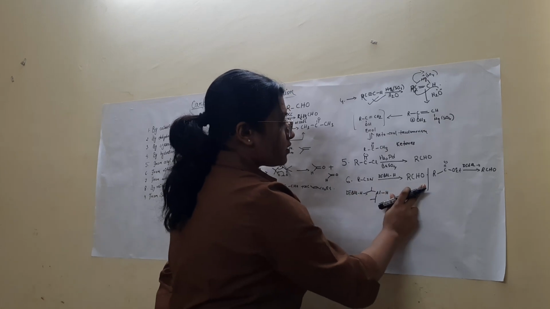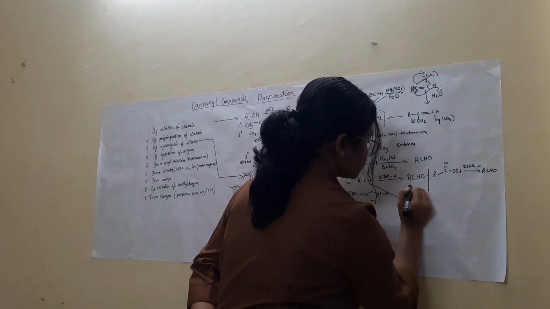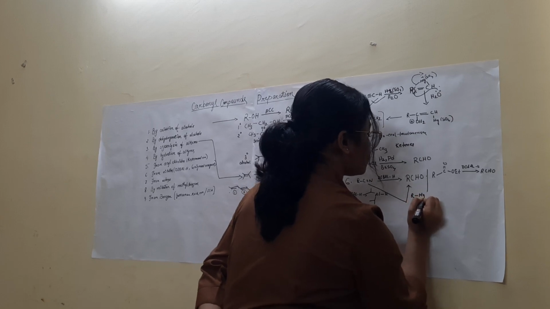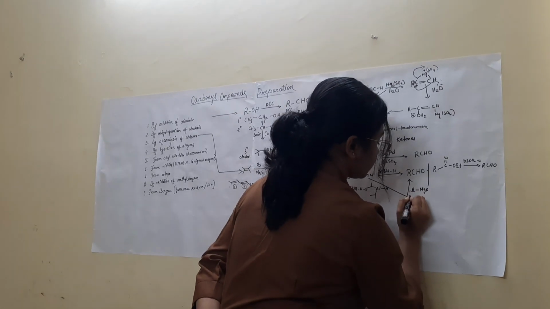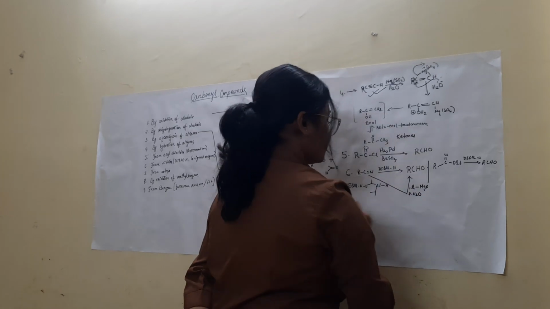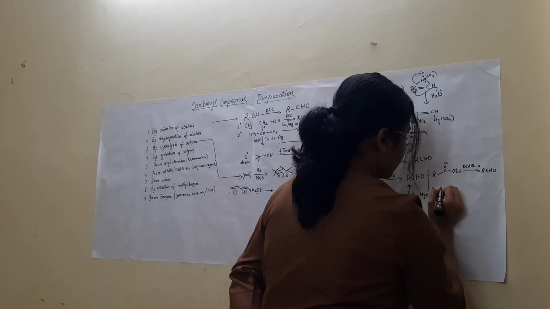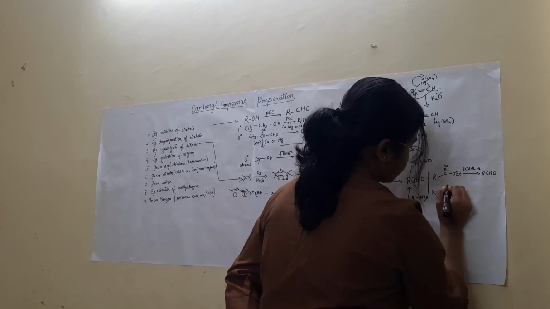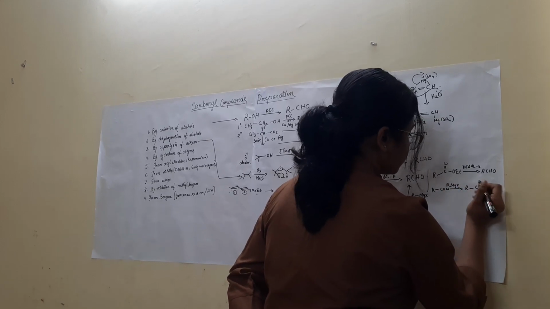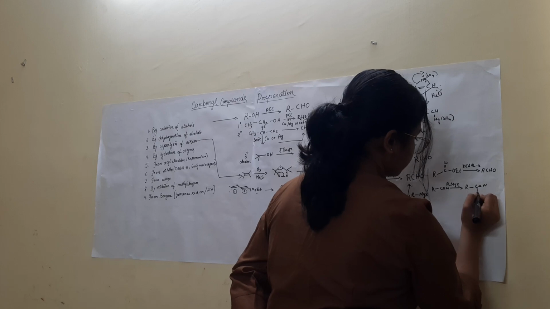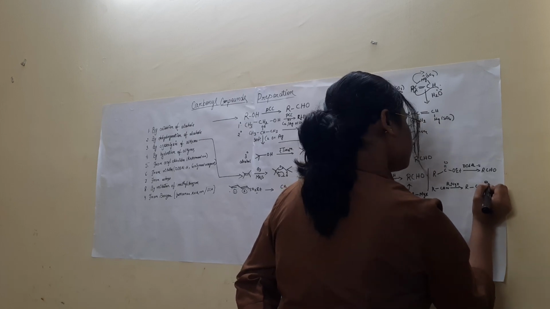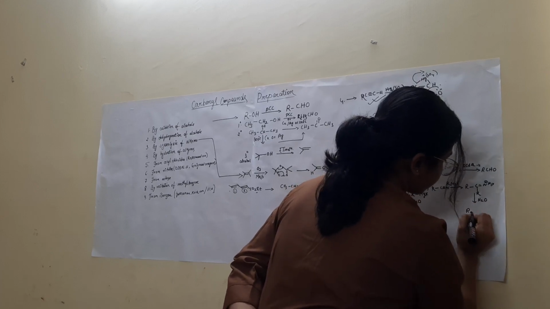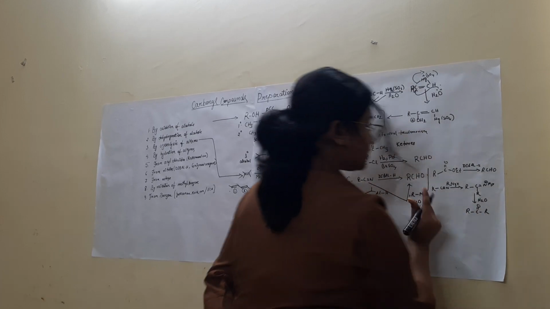From nitriles we can also get ketone using Grignard reagent. The mechanism is RC triple bond N and Grignard reagent. This will go through hydrolysis and will form ketone.